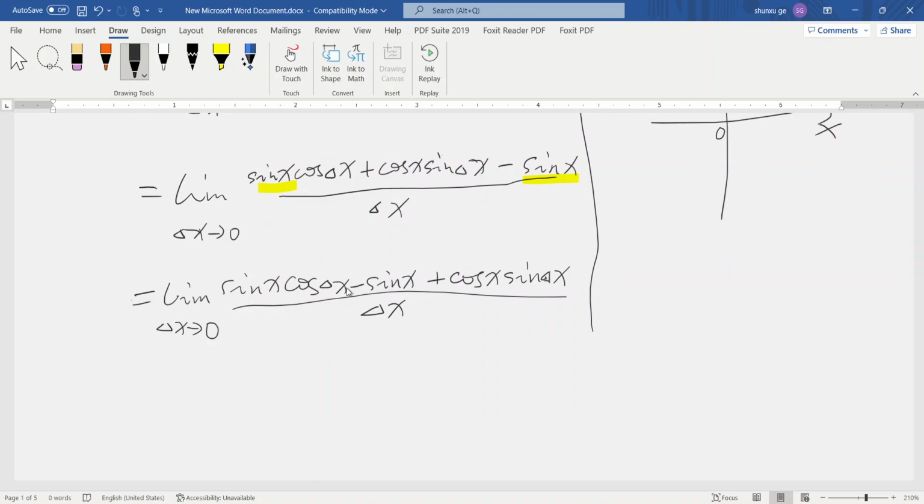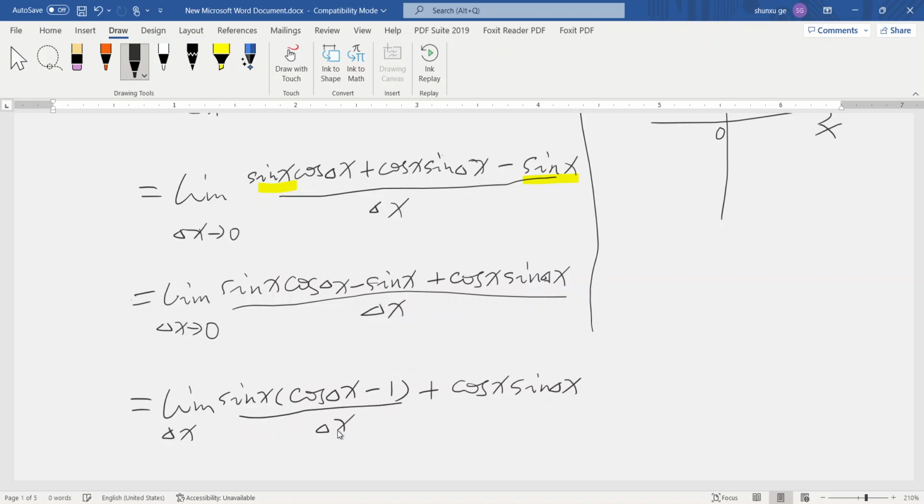Here the common factor is sin x, and we take it out. About this, we can make two parts.